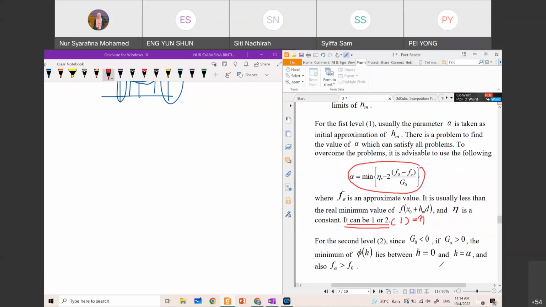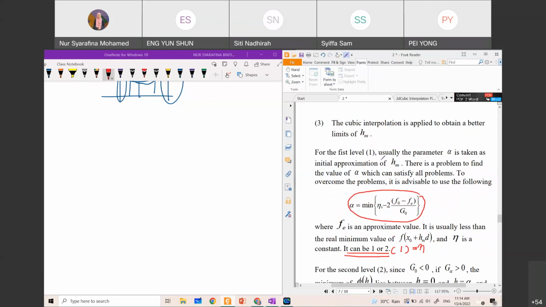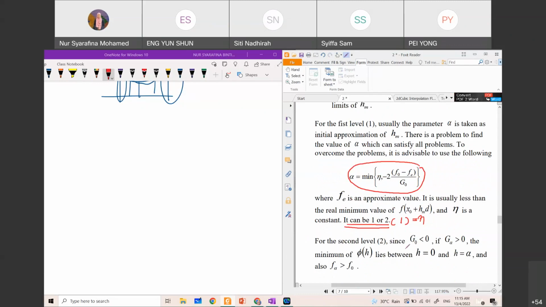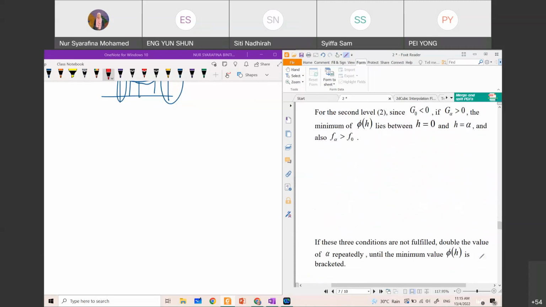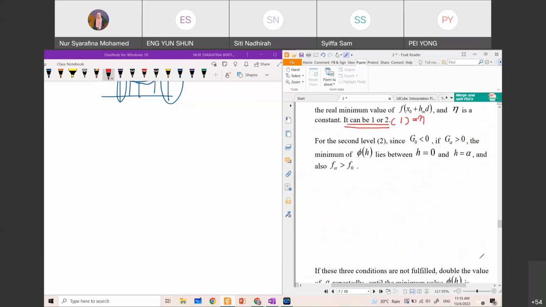Okay, in the first level, we identify our alpha and step length. In the second level, since g0 is less than 0, if g alpha is greater than 0, then the minimum lies between h equals 0 to alpha. This can be illustrated as follows. This is your function.